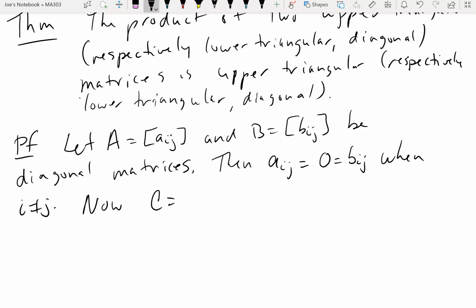What does a general entry look like for the product? Just what does the entry look like? How do we write a general entry for a product of two matrices? So sum, good.